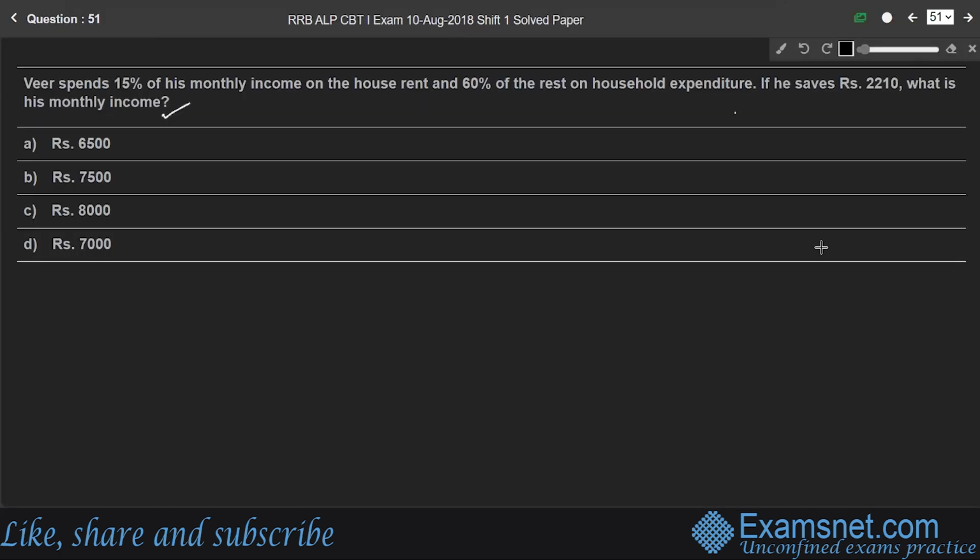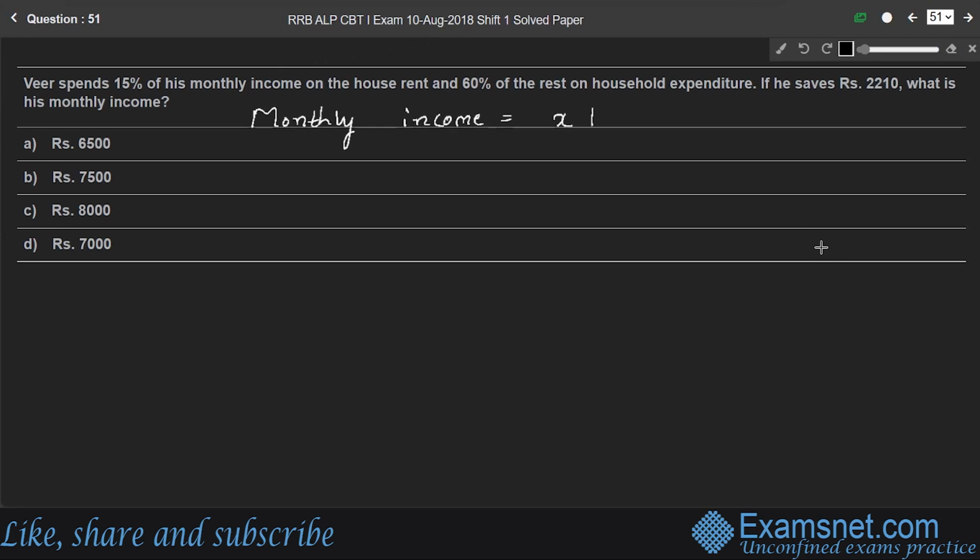Question number 51. Veer spends 15% of his monthly income on the house rent and 60% of the rest on household expenditure. If he saves 2,210 rupees, what is his monthly income? So let us assume his monthly income as X rupees, right?